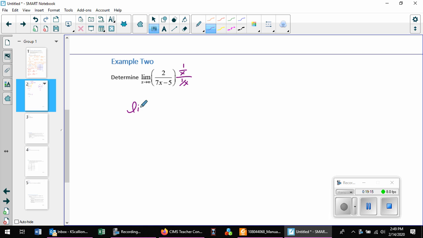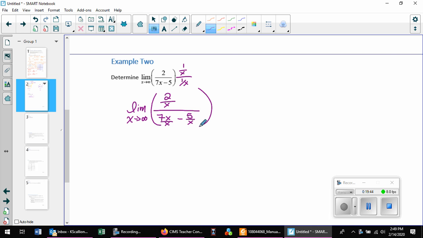So I'm going to have the limit as x approaches infinity of 2 over x, I got 7x over x minus 5 over x. So now you see the purposefulness of that, because now everything has a denominator x, and I can start applying my known truths.